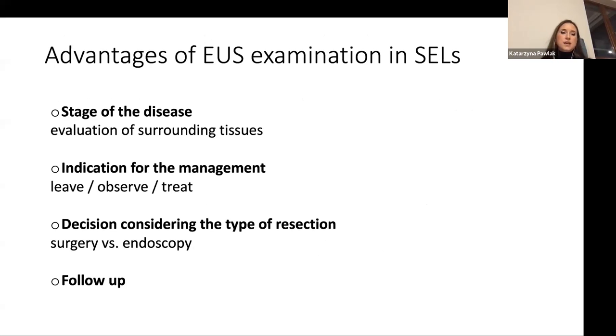The next advantage is the possibility of evaluating surrounding tissues, which can assess the stage of the disease and lead us to the indication for further management. After the full examination, we can determine that some types of lesion, like for example lipoma, can be left alone and further workup is not necessary.